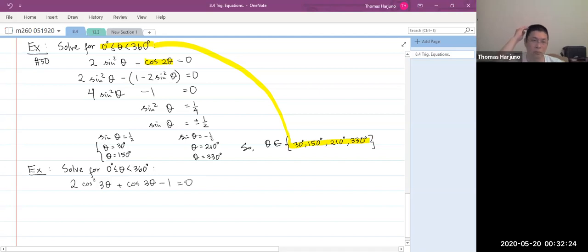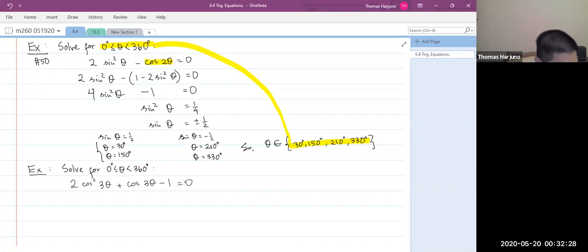What I will do, I will get the general solution first, and then I will squeeze that down. We squeeze it down to the interval from 0 to 360.